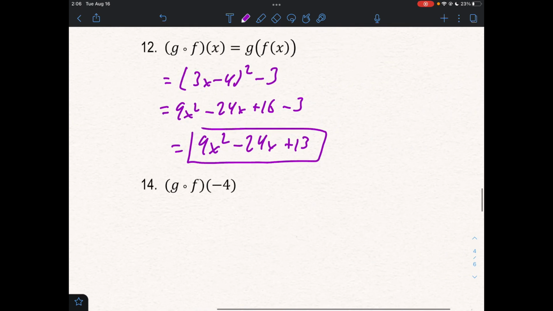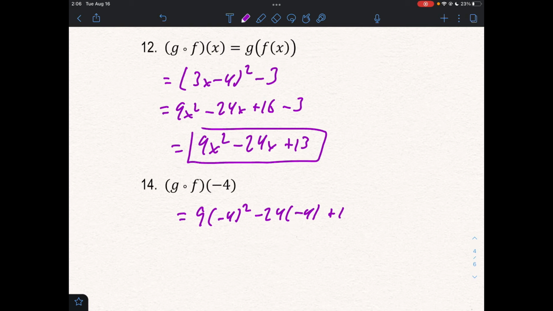And then g of f of negative 4, we're going to put negative 4 in g of f right there. So 9 times negative 4 squared minus 24 times negative 4 plus 13. So that's 9 times 16, which is 144, minus 24 times negative 4, which is 96, plus 13.